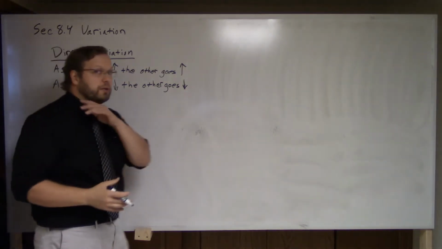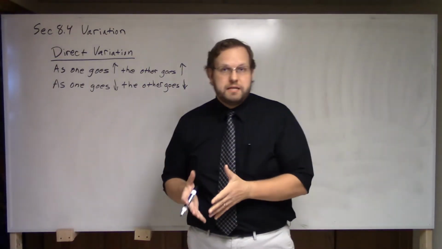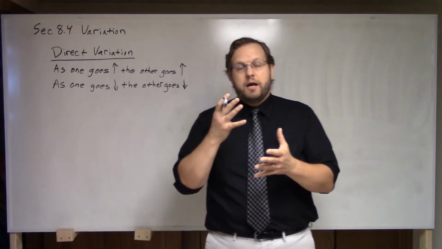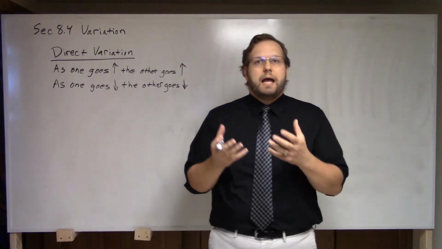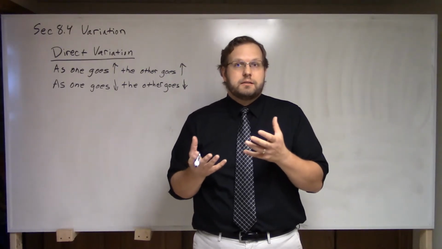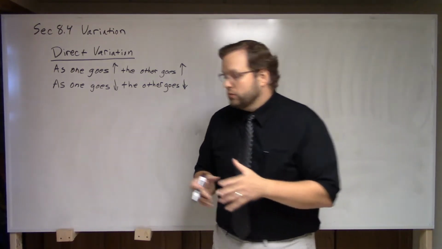Okay, that's the general idea behind a direct variation. Now, the problems that they're going to be giving us, they are going to be naming two different things, sometimes variables, sometimes actual things, and they are going to tell us some values to show how they are related. So the problems are going to read something like this.